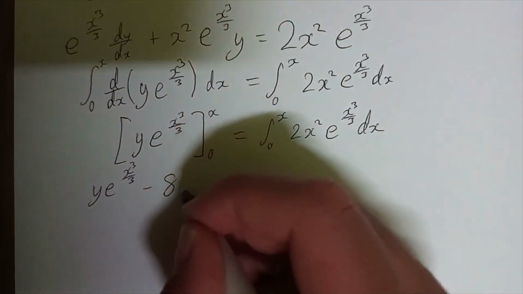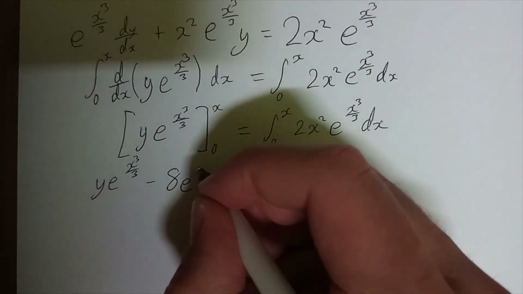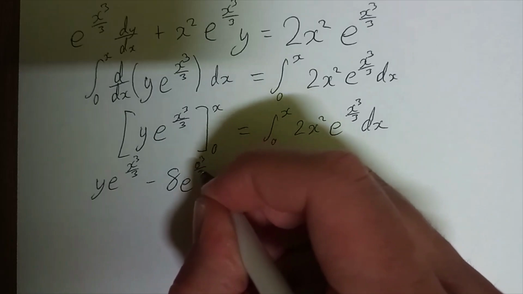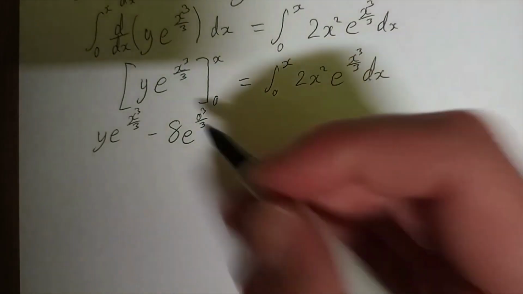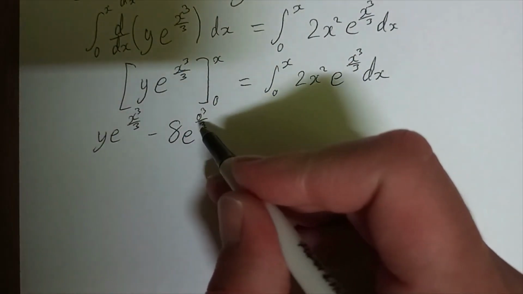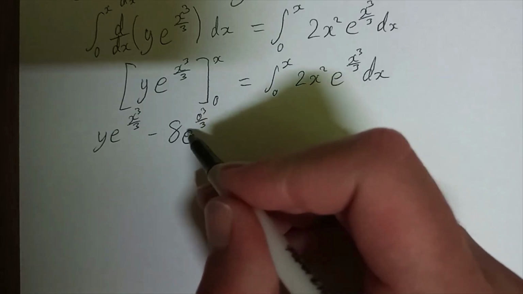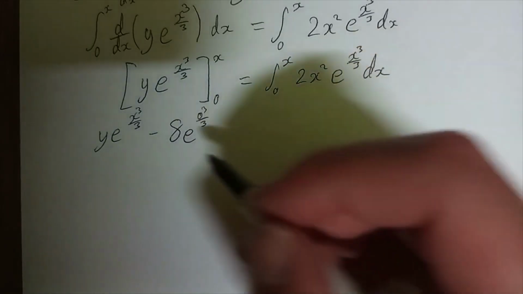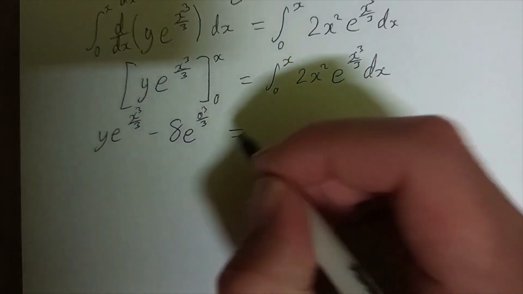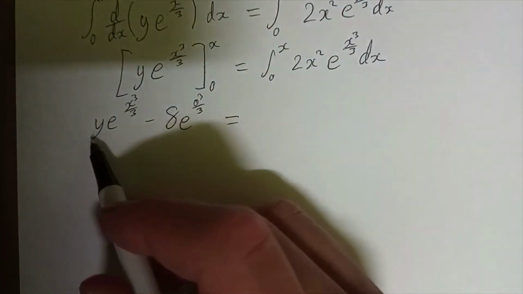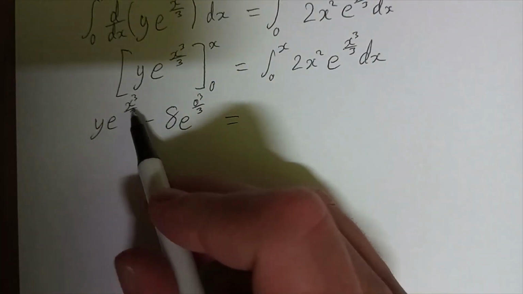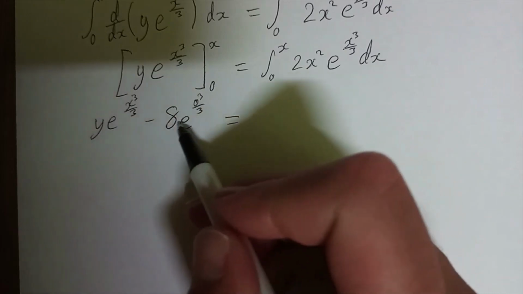So we have 8 e to the power 0 cubed over 3. Okay, now this e to the power 0 cubed over 3 will just be e to the power 0, which is just 1. So we'll have y e to the x cubed over 3, take 8 times 1.